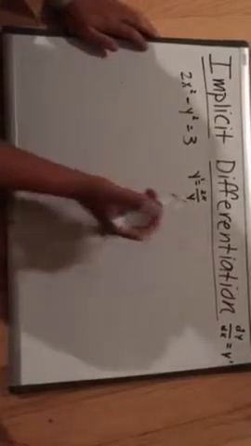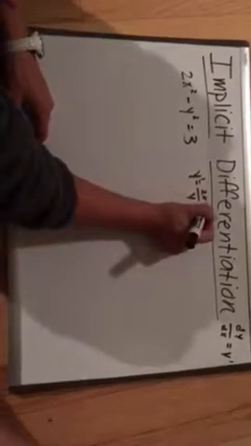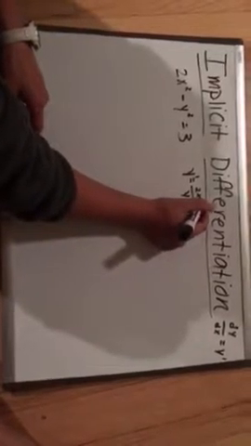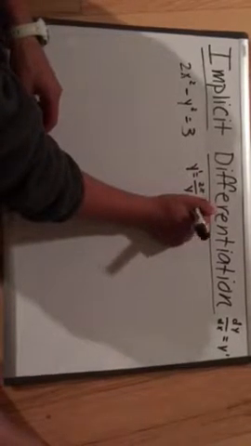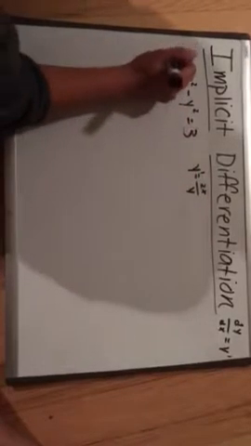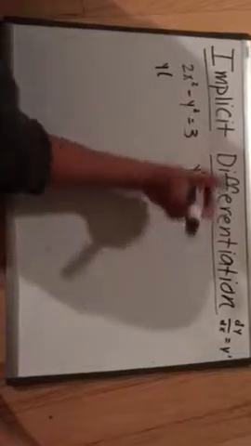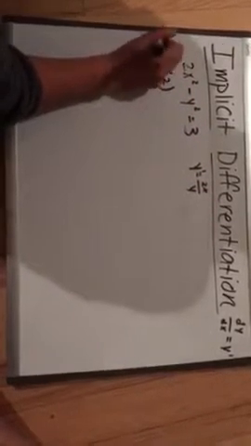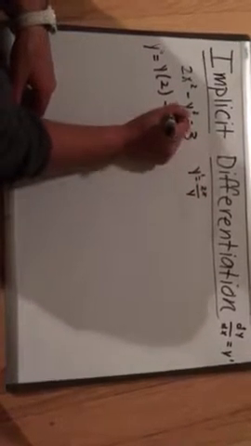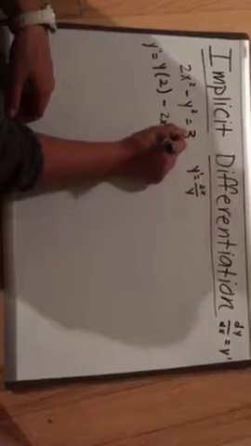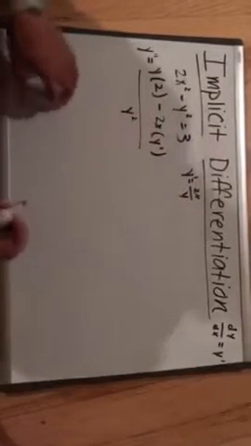Since this is a quotient, you have to use the quotient rule, which is the derivative of the low times the high minus the derivative of the high times the low, all over the low squared. So you have low d high, so y times the derivative of the high, which equals y double prime, minus 2x times the derivative of the low, which is y prime, all over low squared.